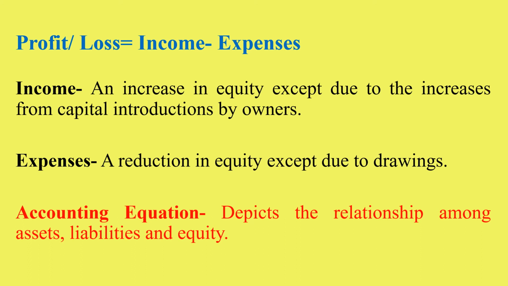When you adjust this profit or loss to the equity, what are the remaining accounting elements? Those are assets, liabilities and the equity. The relationship between these assets, liabilities and equity can be shown in what we call the accounting equation. This accounting equation we will be discussing in our next video more broadly.